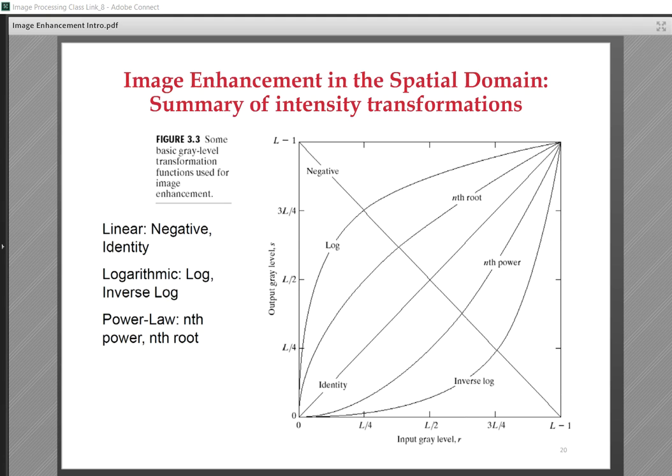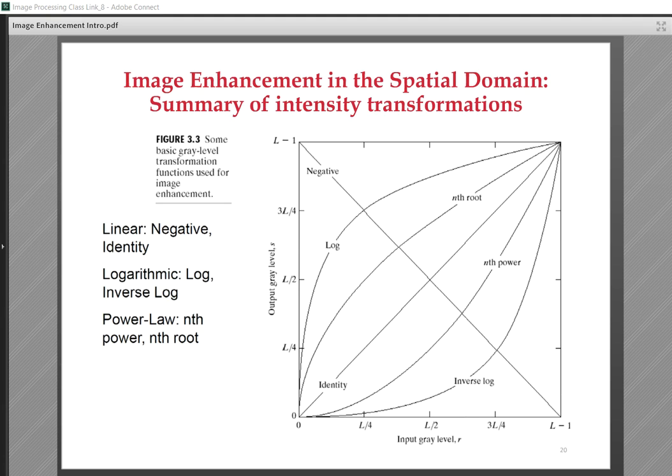This one is the negative: full dark is transformed to full bright, and full bright in the input image is transformed to full dark. This is negative.